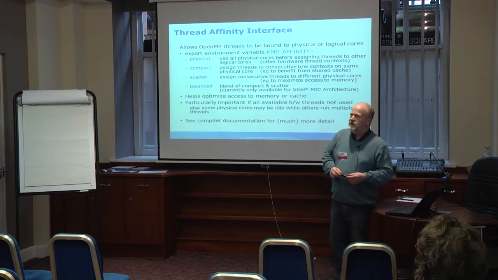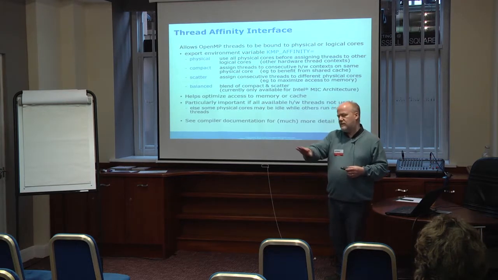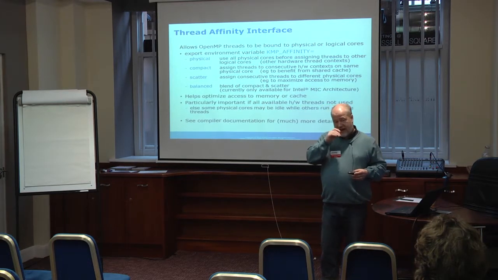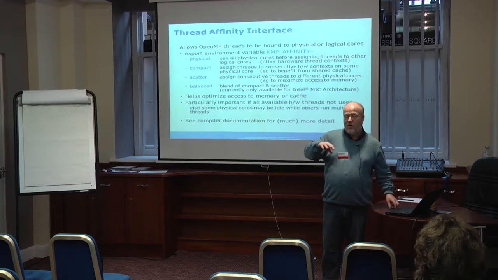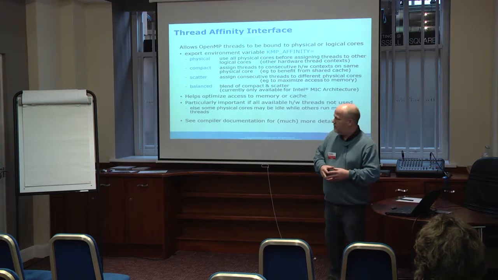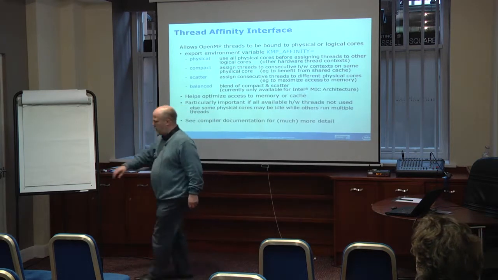So what's thread affinity? If you have a processor and it's got lots of cores, you can control the way your threads are put onto the different cores. And maybe I'd best do it with a diagram before I go into any slides.